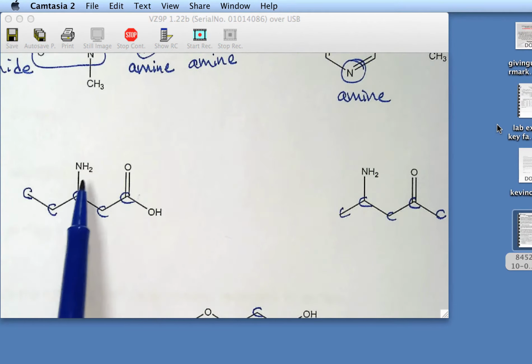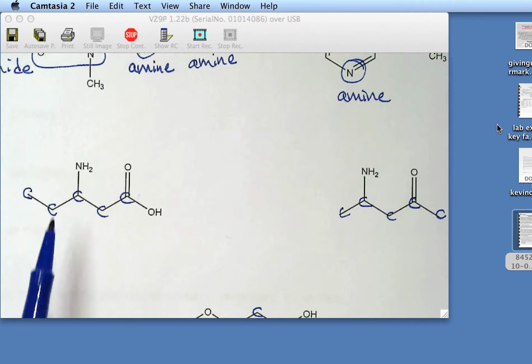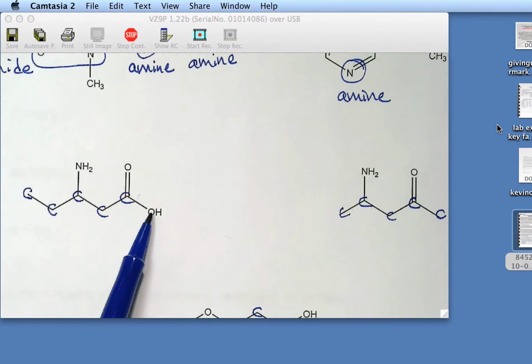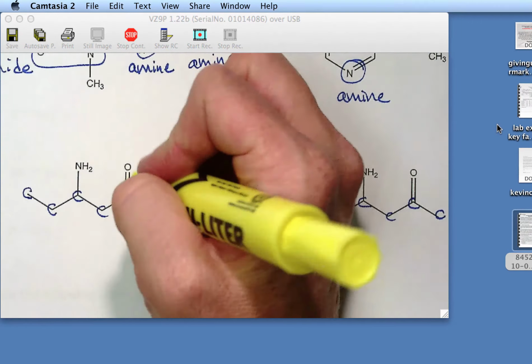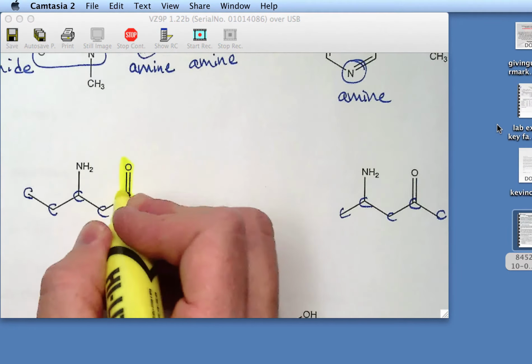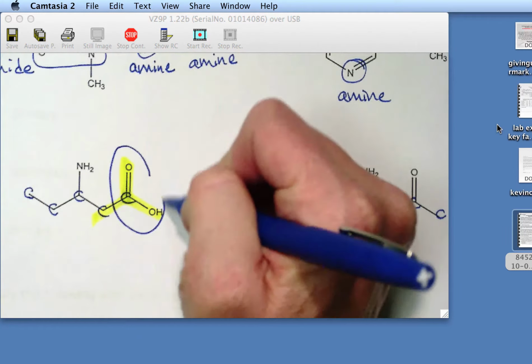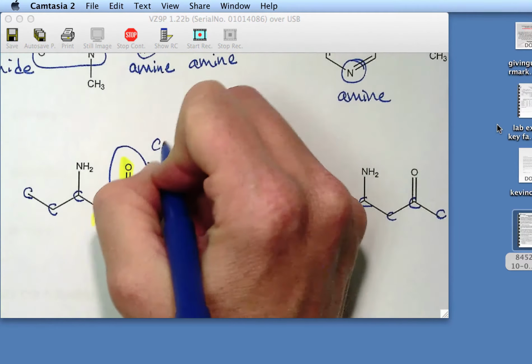This molecule, what functional groups do I have? Alcohol. No. The carbonyl acid. Right, so when you see that carbonyl, highlight it, circle it, go to the left and to the right. Because you have that OH coming off of here, that's a carboxylic acid.